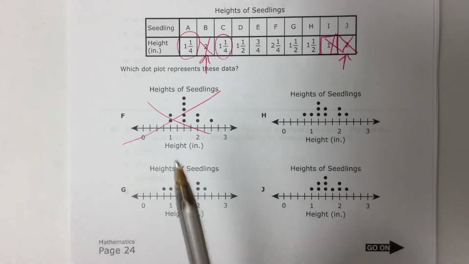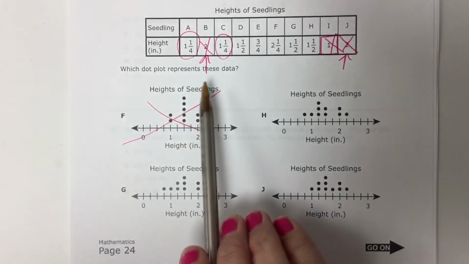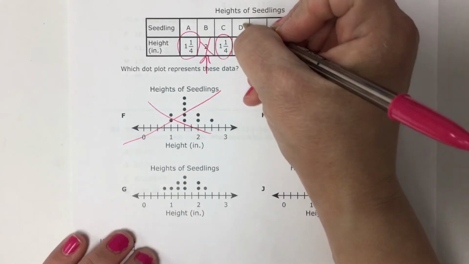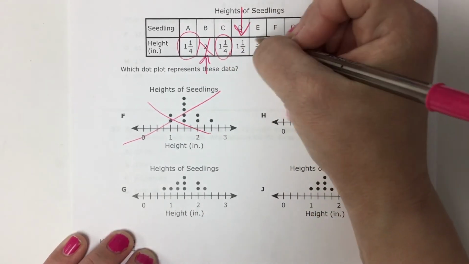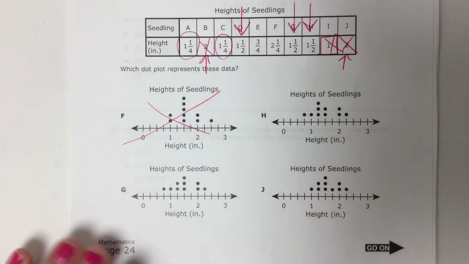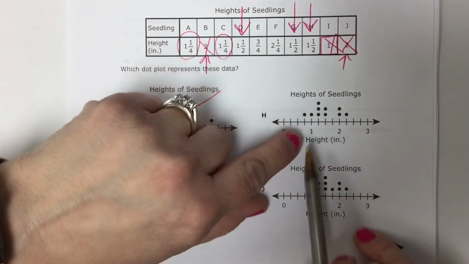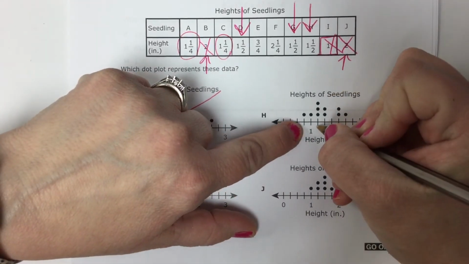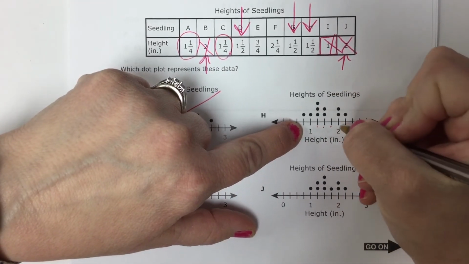So now let's look at the halves. I have 1 1/2, 1 1/2, 1 1/2. Okay, 1 1/2 is going to be exactly between 1 and 2, right? So there's 1, 2, 3, whole.